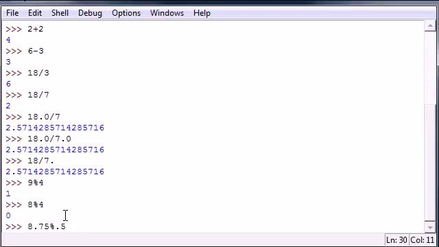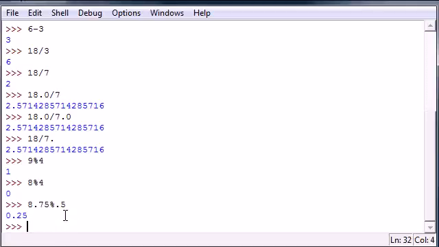What's the remainder when you divide it by 0.5? You have 0.25 left over. So that's how you use the modulus, and again, the modulus is just the remainder of whatever is left when it divides by the denominator.